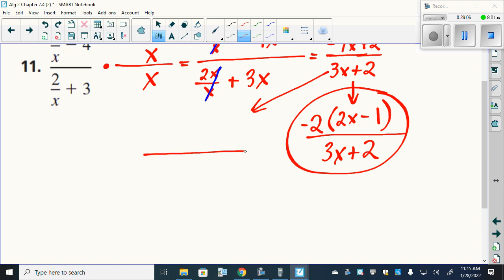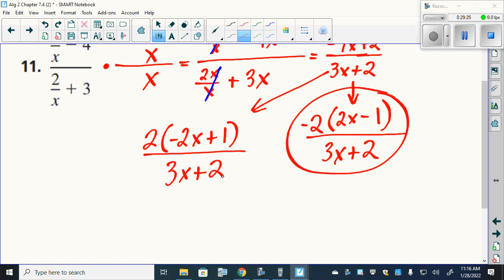Now, did we have to factor out the negative? Well, no. I could have left it as 2 times negative 2x plus 1 over 3x plus 2. Either one works.